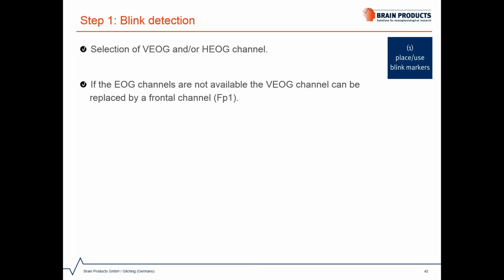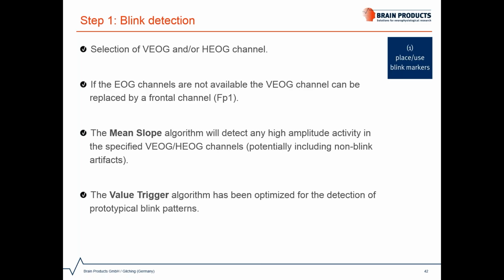Then, as we saw in the dialog already, there are two algorithms available for the blink detection. One is the mean slope algorithm, which will detect the blinks based on amplitude activity in the VEOG or HEOG channels. And then we have also the value trigger algorithm, which works based on a template of a prototypical blink.